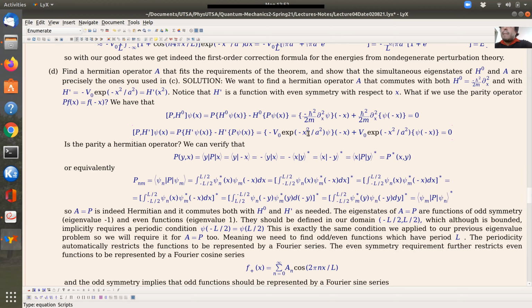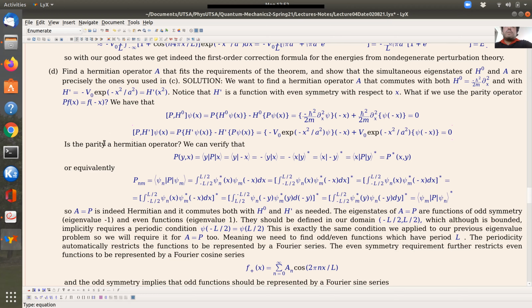Later on, you multiply by a minus, but that won't make a difference, so you get actually this term. Same situation happens in this case. So actually, both commutators are 0, and this parity operator is satisfying one of the requirements of the theorem. We need to prove some others.